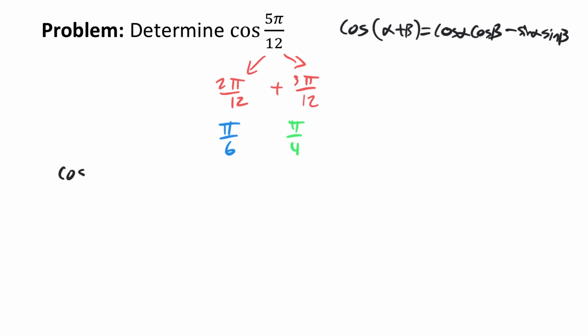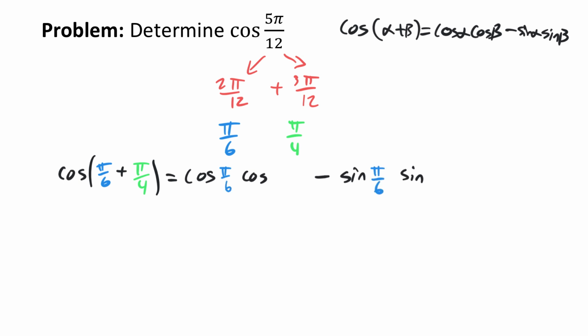So here we'd have cos of pi over 6 plus pi over 4 equals, so it's cos minus sine, kind of an interesting formula here. Alpha goes here and here. Beta goes here and here.